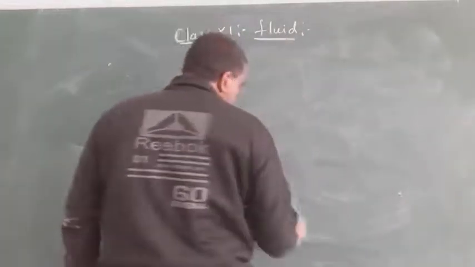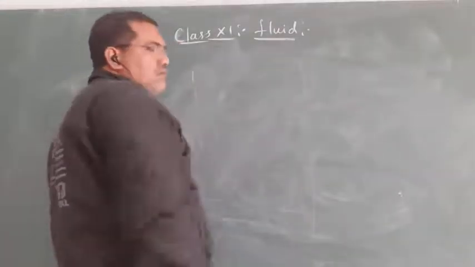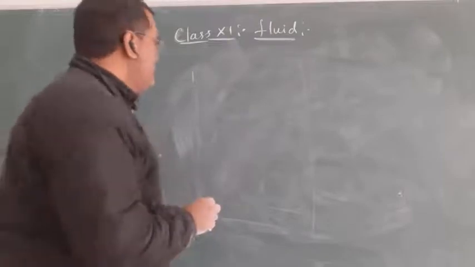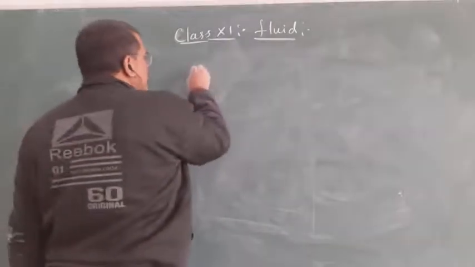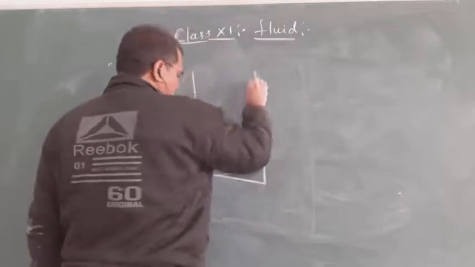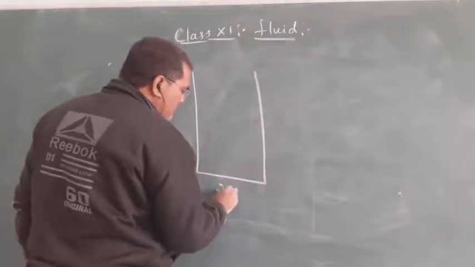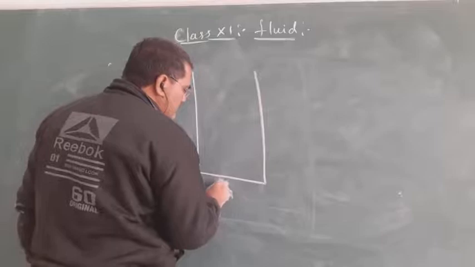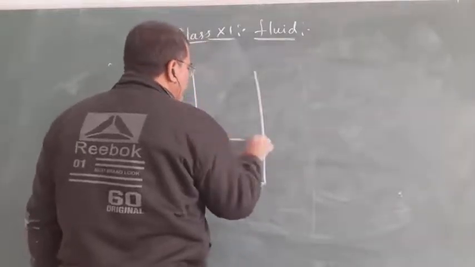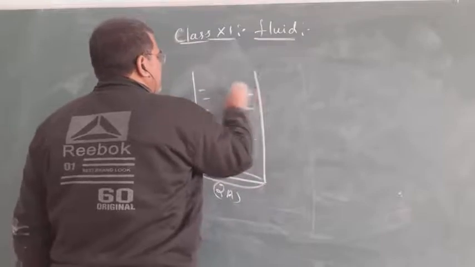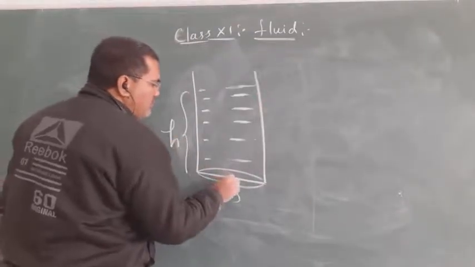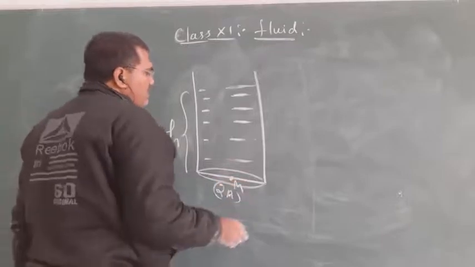Okay, let's do some problems upon this concept. Consider two containers. This is the cross-section, having cross-sectional area 2A, and liquid is filled up to height h. Take a point M here.